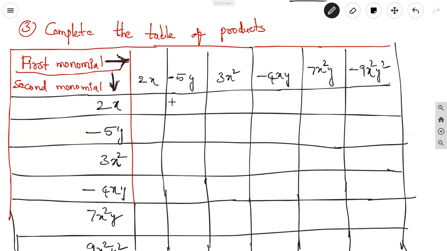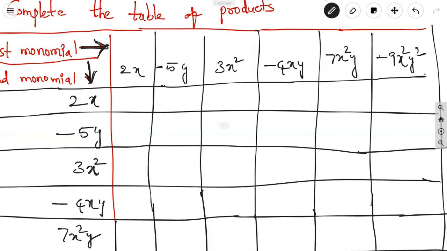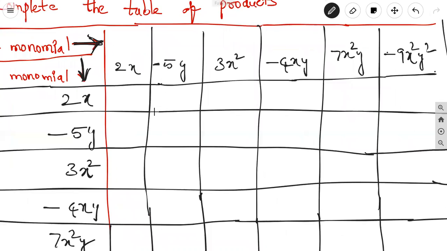2x into 2x. Here we can write 2x into 2x. It is equal to 2 2s are 4, x into x, x square.